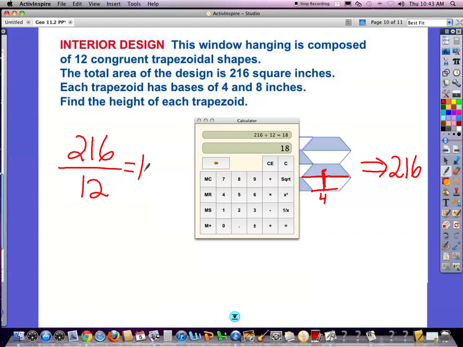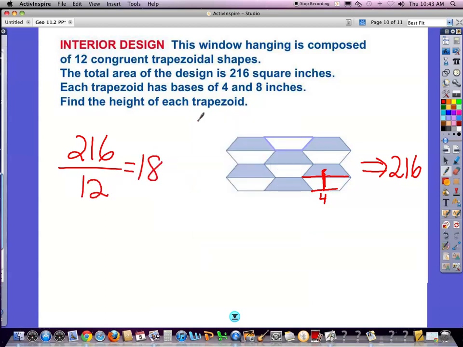So the area of each trapezoid is 18. So this one's 18, this one's 18, this one's 18, and so on. All right, so that one trapezoid has an area of 18.